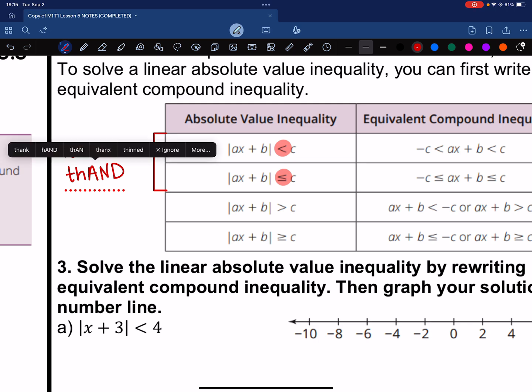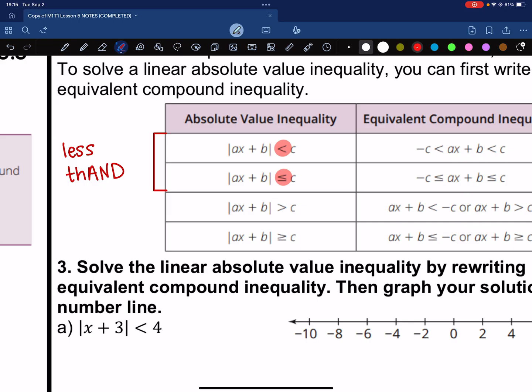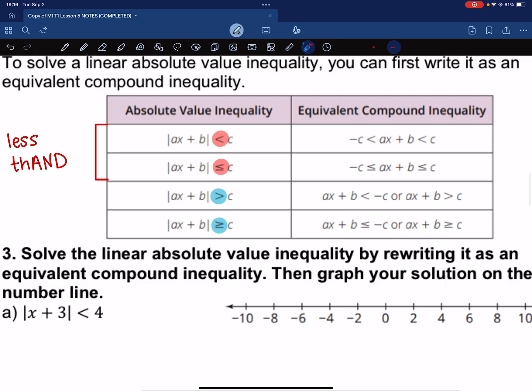And I know I spelled that wrong. That's done on purpose, okay? The second type comes from when you have greater than, okay? And when you have greater than, you end up having two inequalities, two different inequalities with or in the middle, okay?